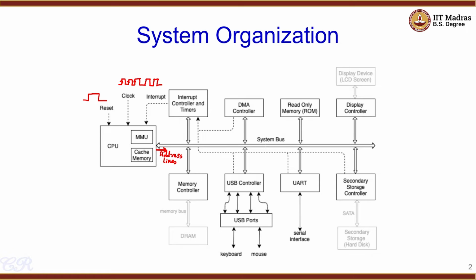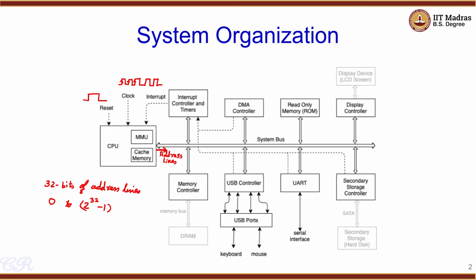Based on the CPU there could be typically 16 or 32 or 64 bits of such address lines, right? So if there are 32 bits of address lines, it indicates that the CPU can address different components in the range of 0 to 2 power 32 minus 1, right. Each of these addresses can be assigned to exactly one of these different peripherals, right?